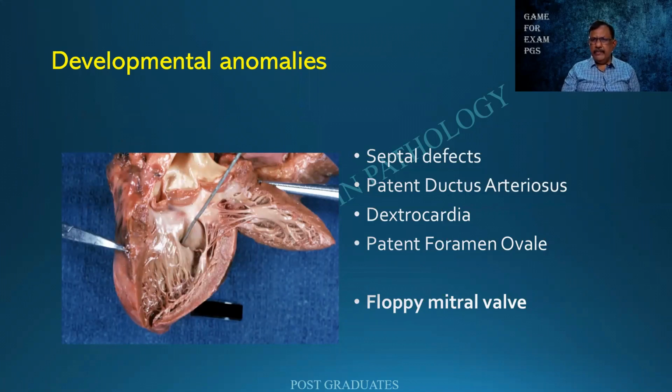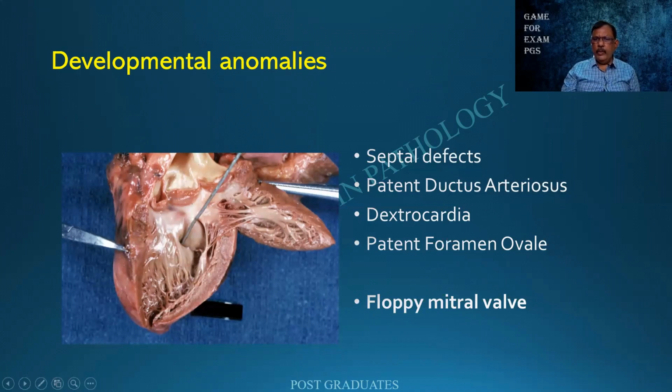Developmental anomalies. There are a lot of developmental anomalies, but for the time being as pathologists, we need not be as perfect as the anatomist or a pediatric surgeon. We should know that there can be septal defects. There can be a patent ductus arteriosus connecting the aorta and the pulmonary artery. Dextrocardia we have already seen.